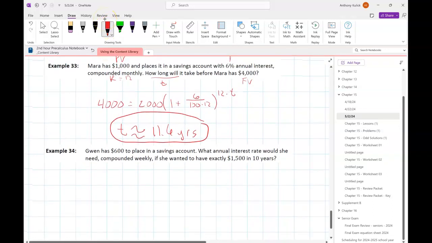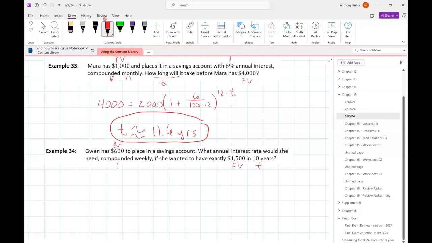Next one. So Gwen has $600 in a savings account. What annual interest rate would she need if we're compounding weekly and she wants to have $1,500 in 10 years? So this is my present value. This would be my future value.